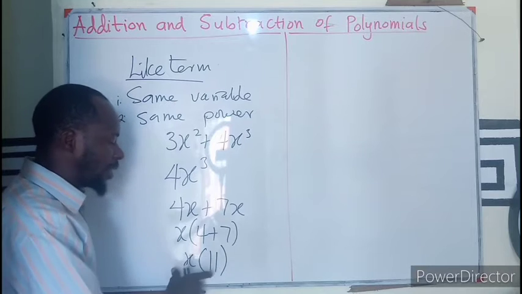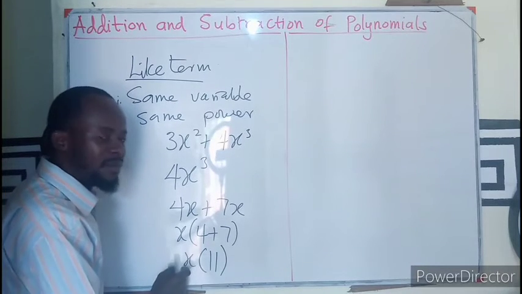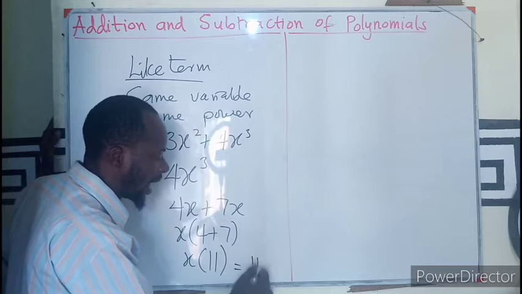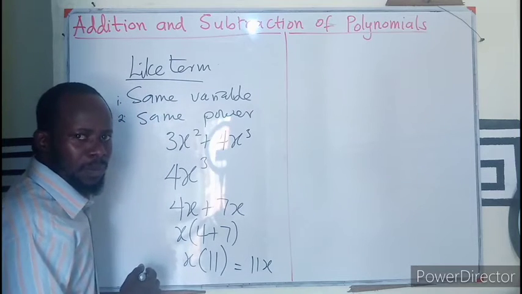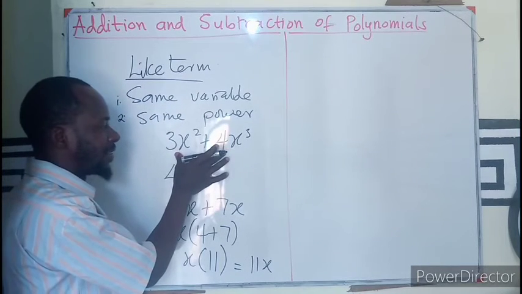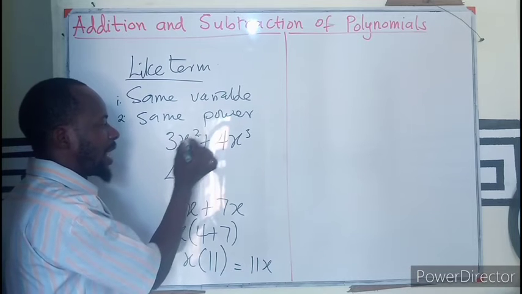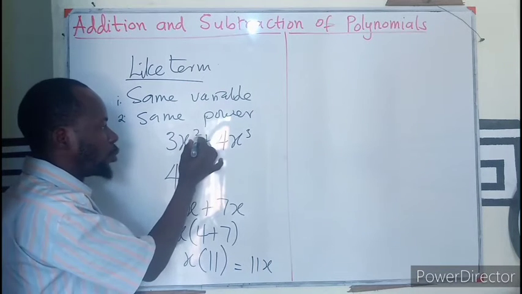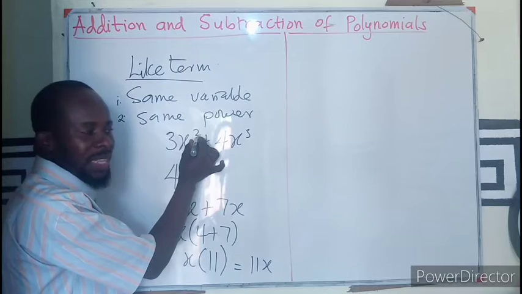And we know when we multiply, a constant comes before a variable, so I will still have 11x.